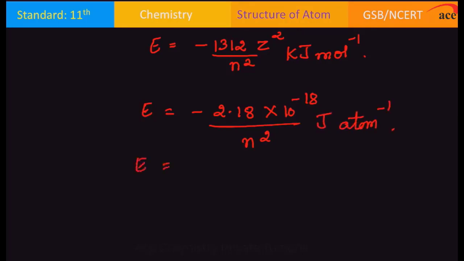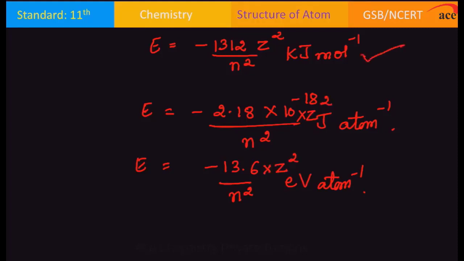The second one which is frequently used is minus 13.6 by n square electron volt per atom. Definitely there is one more factor, Z square. Correct. Now check this. This is in kilojoules per mole, and we know 1 mole corresponds to Avogadro's number. So please remember these three.